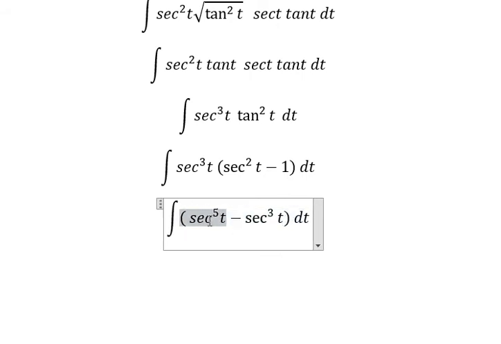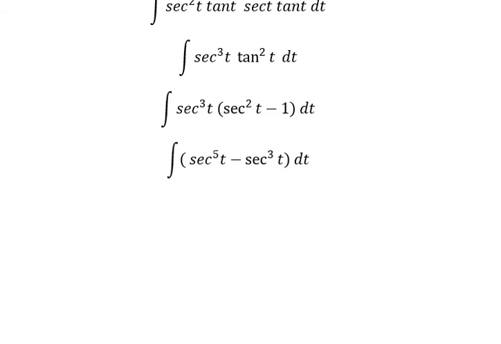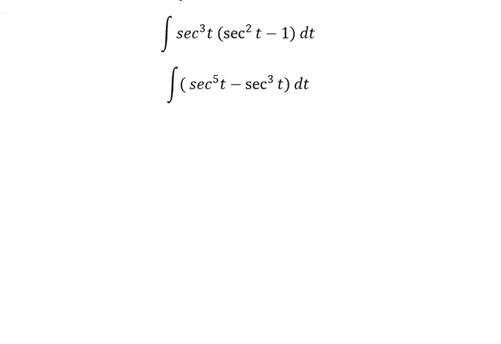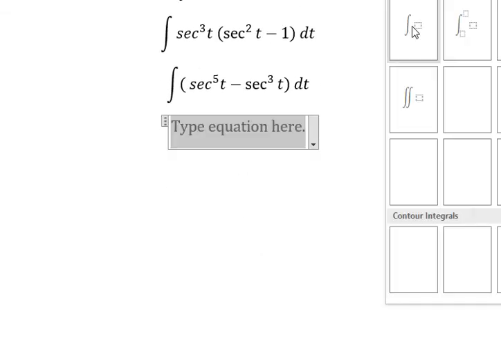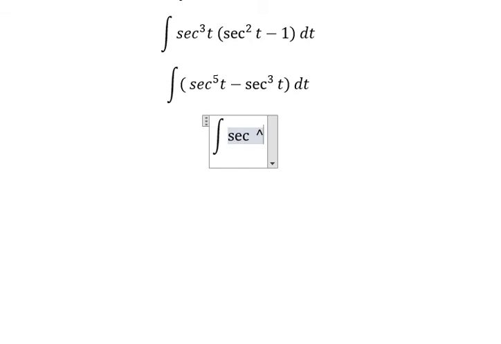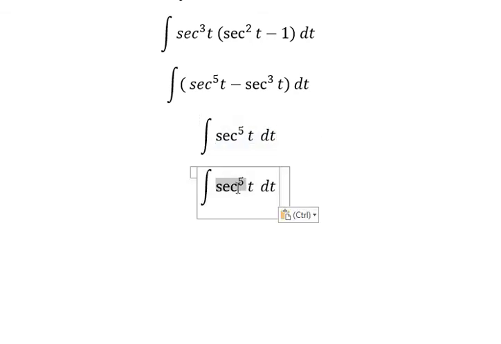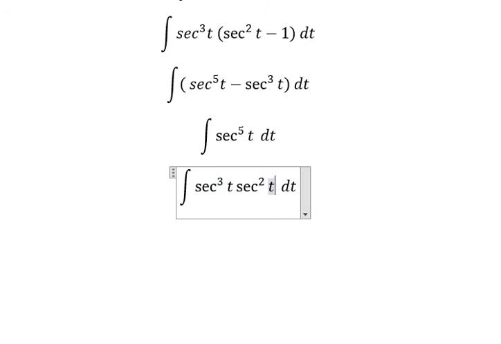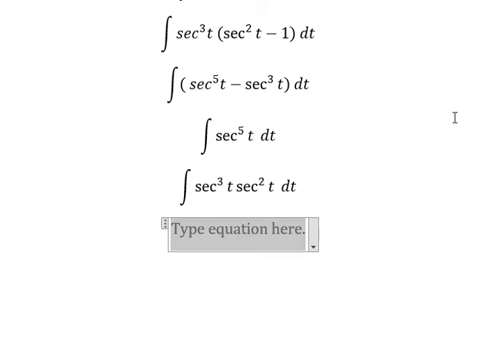Now I will concentrate on this one. For this one, we can write secant of t to the power of 3 multiplied by secant of t squared. And now we can use integration by parts.